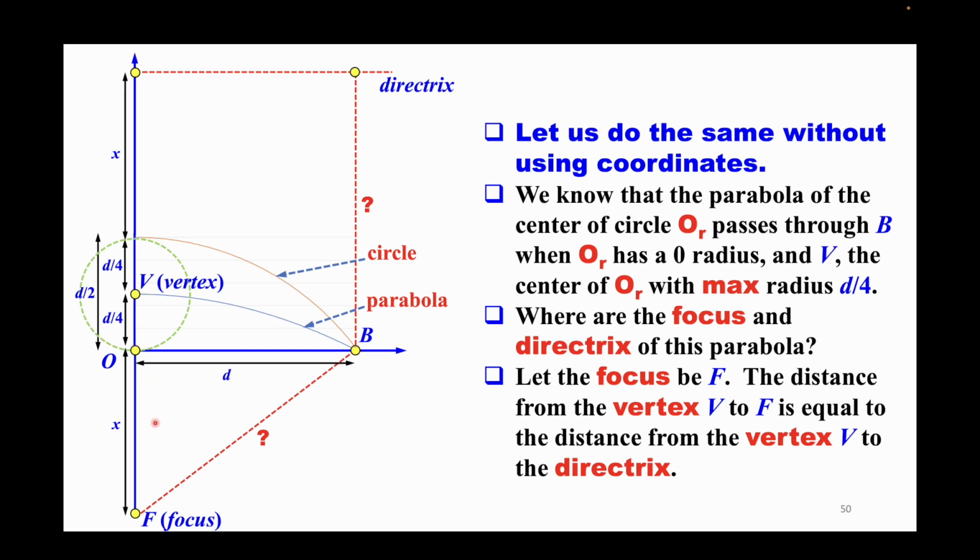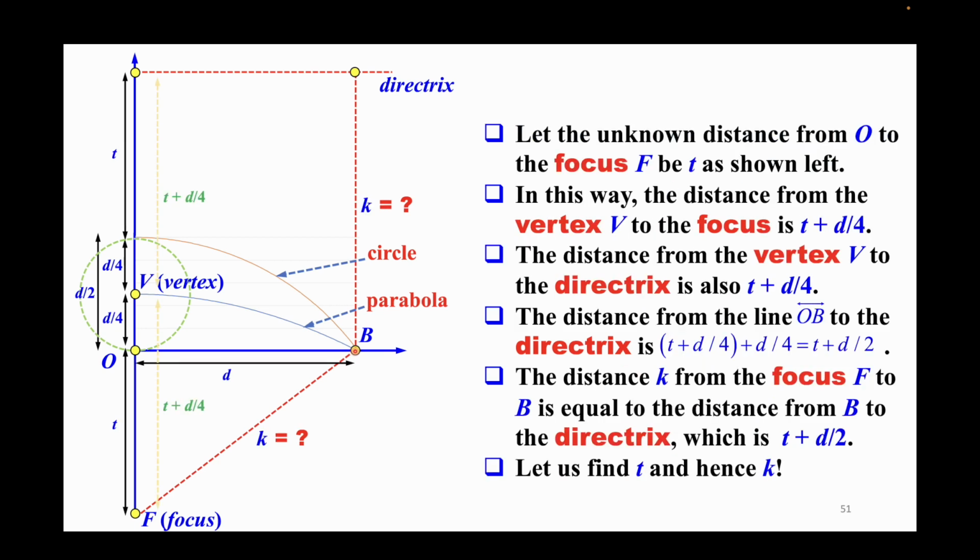So let the focus be F somewhere here. We don't know how large it is. The distance from the vertex V to F is also equal to this value. So we want to find out what this value is, and what the value is from the focus F to B.